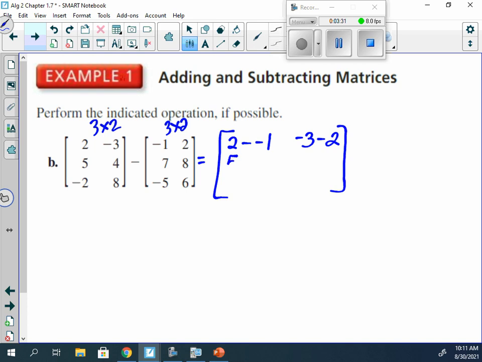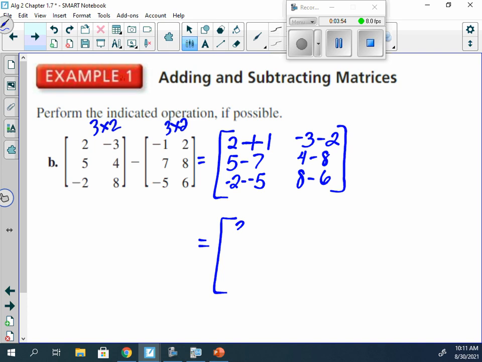The next row would be 5 and, well, 2 minus -1. Well, negative and negative make a positive.